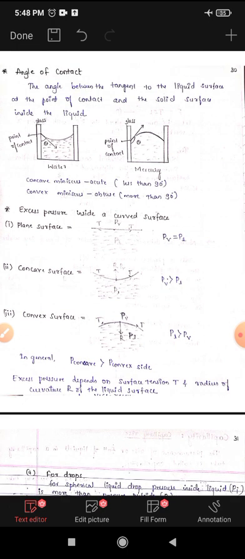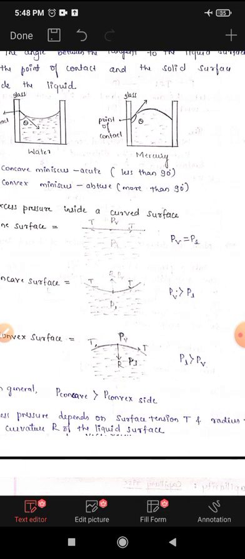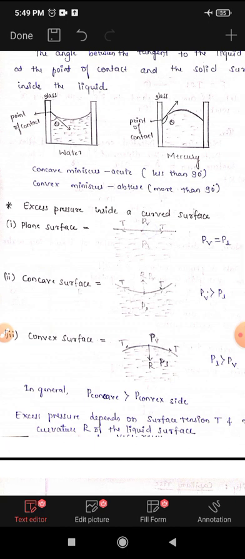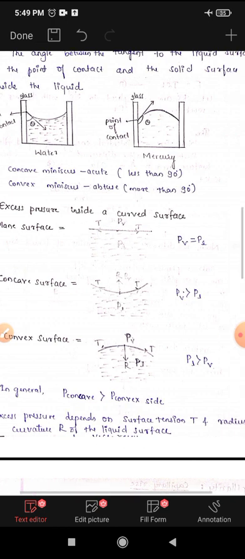In the case of a plane surface, whatever surface tension is acting, take this as an imaginary line or point, will be in this direction as shown in this diagram.